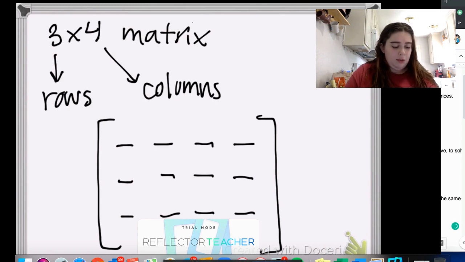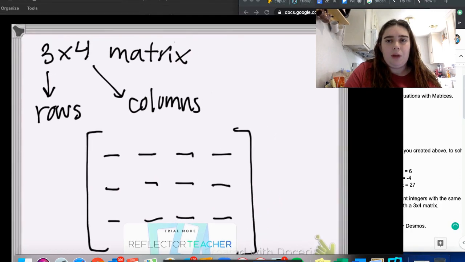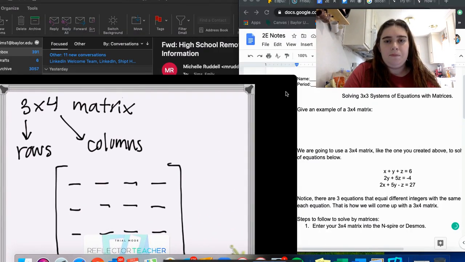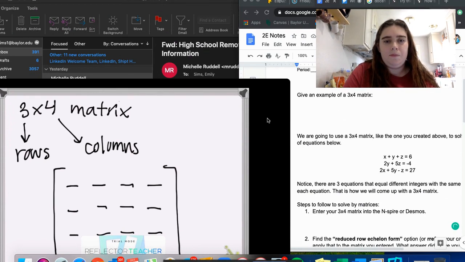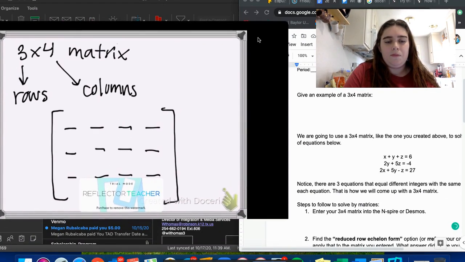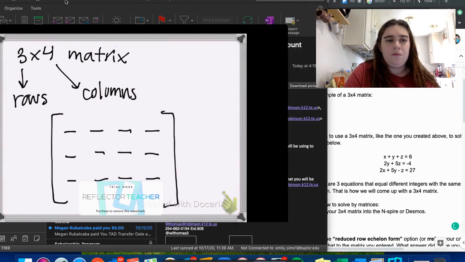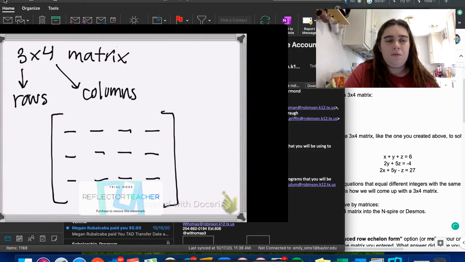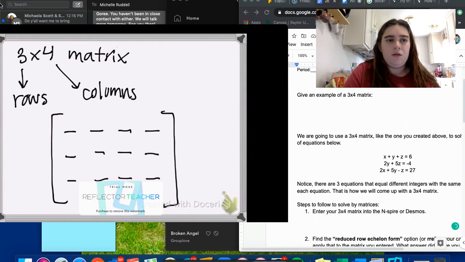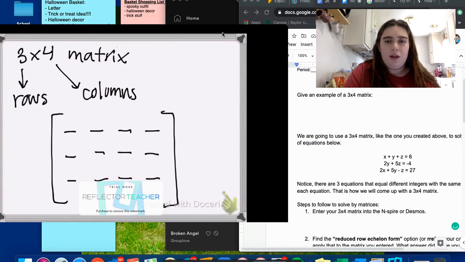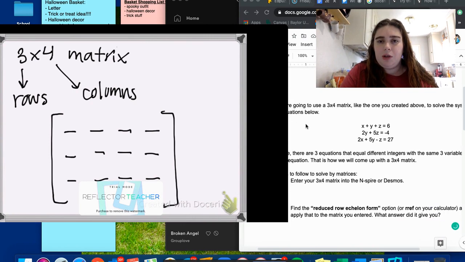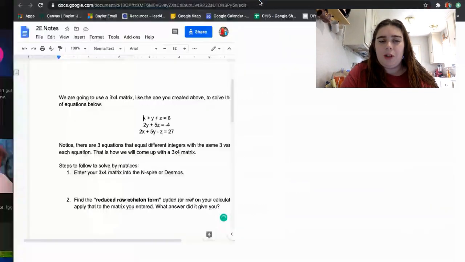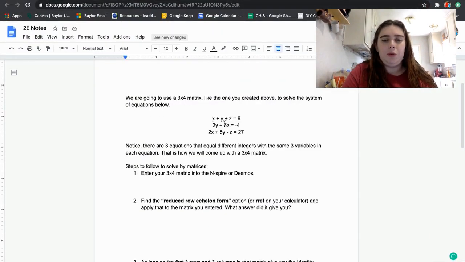Come up with an example for a 3 by 4 matrix.